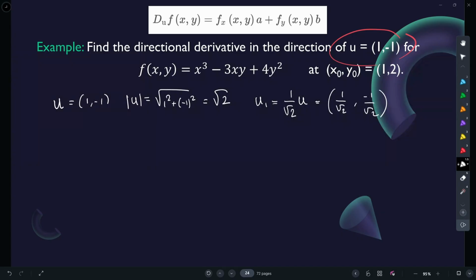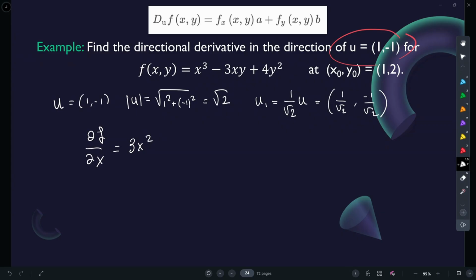Okay? And now I just need to follow the formula, find the partial derivatives, evaluate at the point, and then do the dot product. Okay? So let's take partial derivatives. What's the derivative of f with respect to x? I heard 3x squared. I'm using the power rule there.